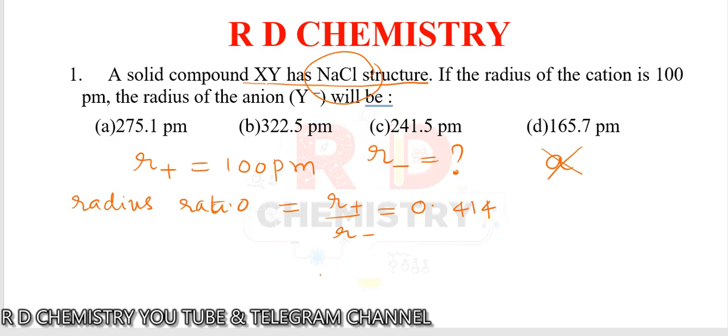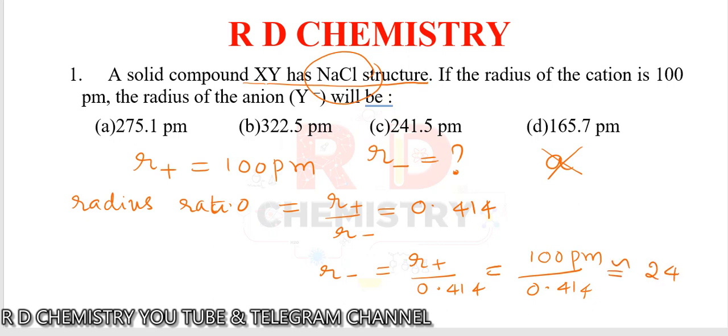So we can find out radius of the anion is equal to radius of the cation divided by 0.414, which is equal to radius of the cation they are given 100 picometers divided by 0.414, which is equal to approximate around 241.5 picometers. Okay, that is the answer, option number C. Right?